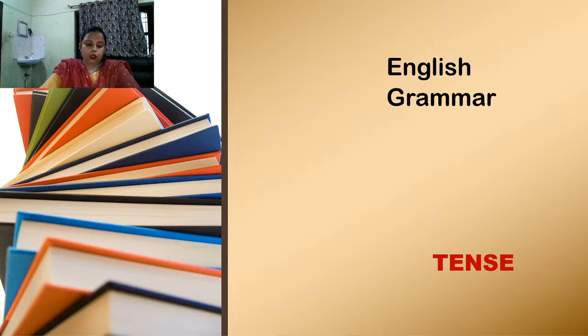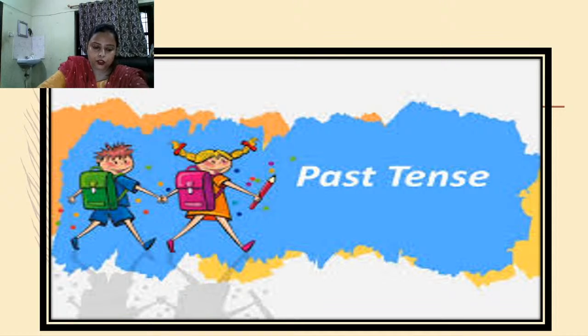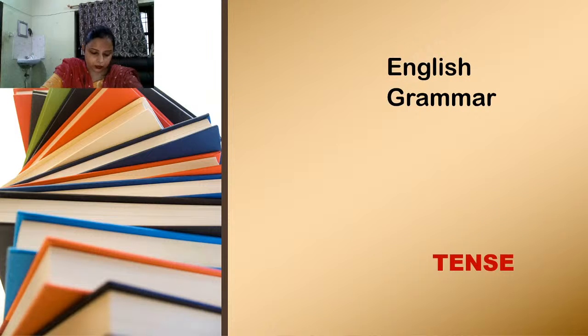Now, if we talk about the past perfect continuous tense, children, just note down the rule for an affirmative sentence. Subject plus had been plus the first form of verb plus ing plus the object plus since or for plus object.